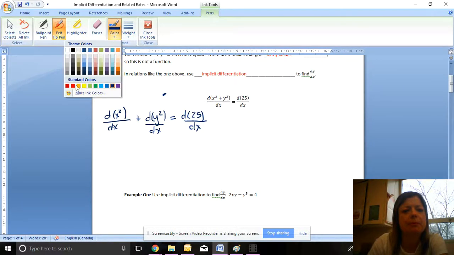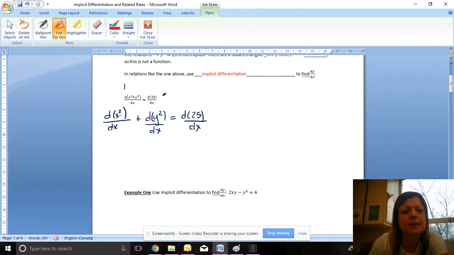Let's think about what's going on here. This is the derivative of x squared with respect to x, so that is just 2x. And this over here is the derivative of 25 with respect to x, a constant, and that derivative is 0.